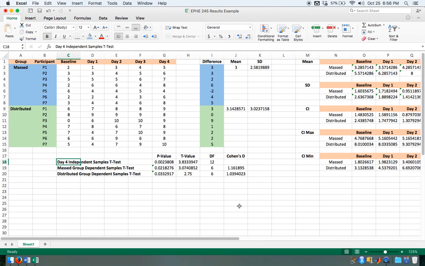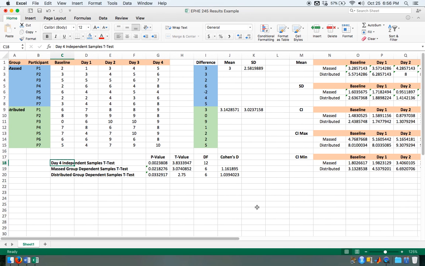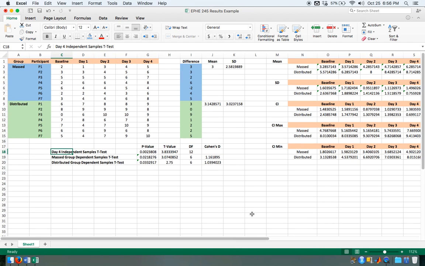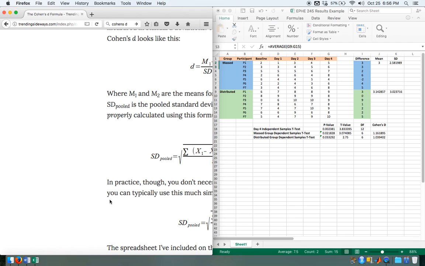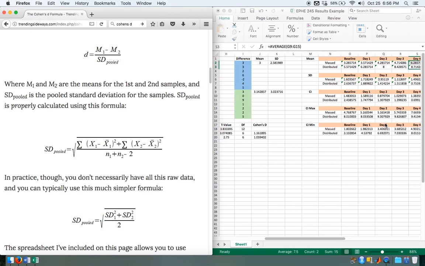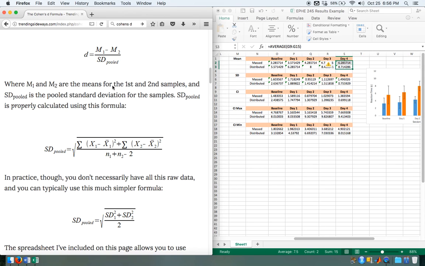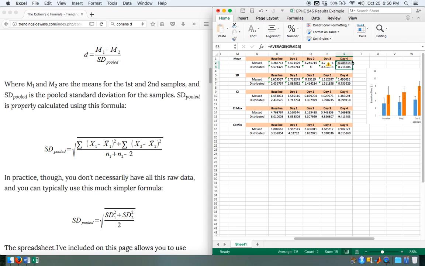All right, so the first thing we want to do is we want to get the means of day 4 for each group, which is actually right here. So these 2 means, okay? So let's do it side by side. So what we want is mean 1 is here, mean 2 is there.